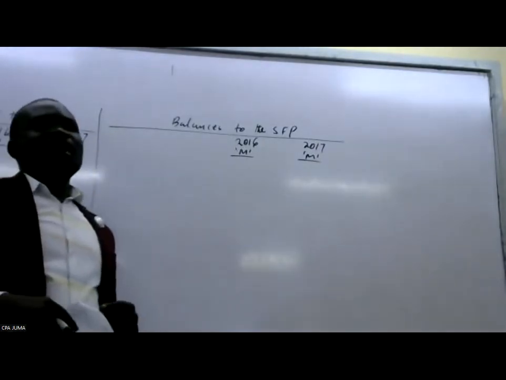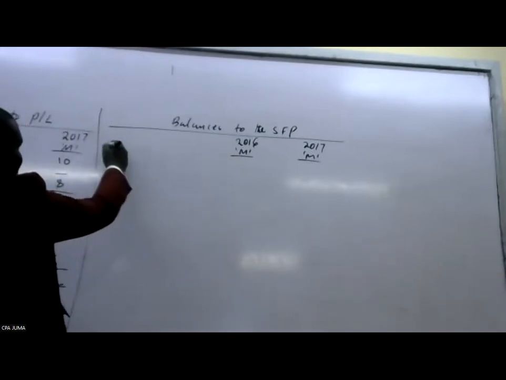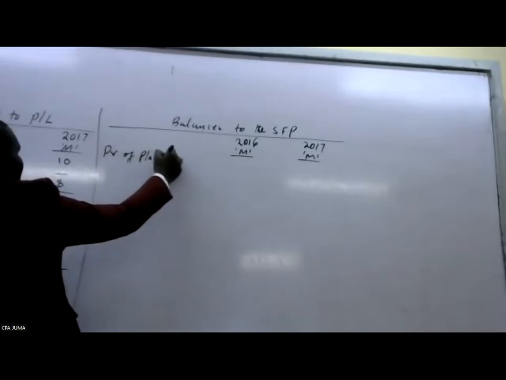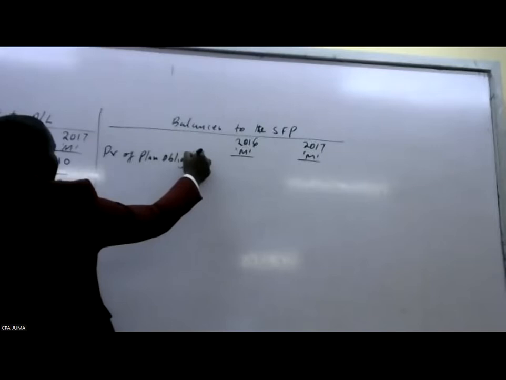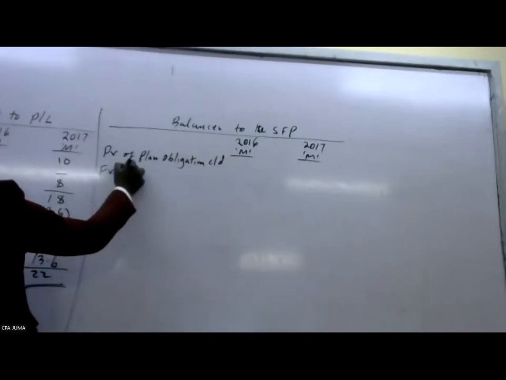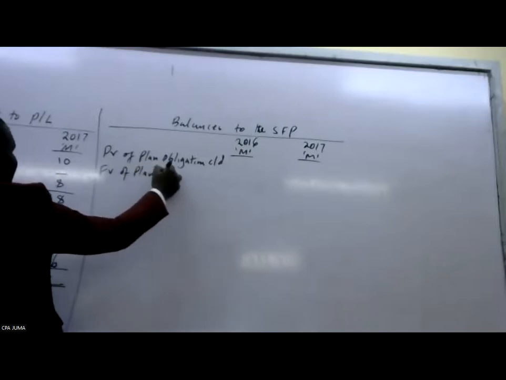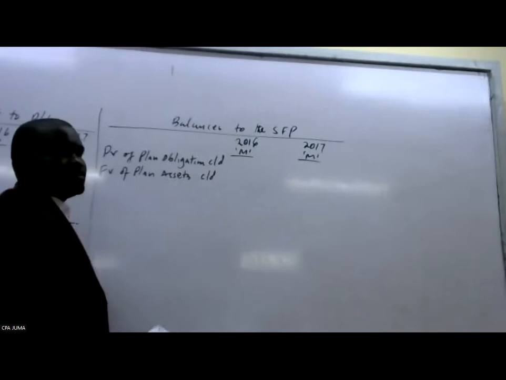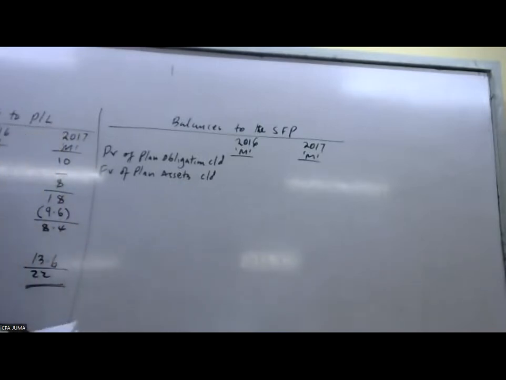So what goes to the balance sheet? Give me the present value of plan obligation carried down and the fair value of plan assets also carried down. The closing. You go for the closing. Balance sheet, we check the closing.